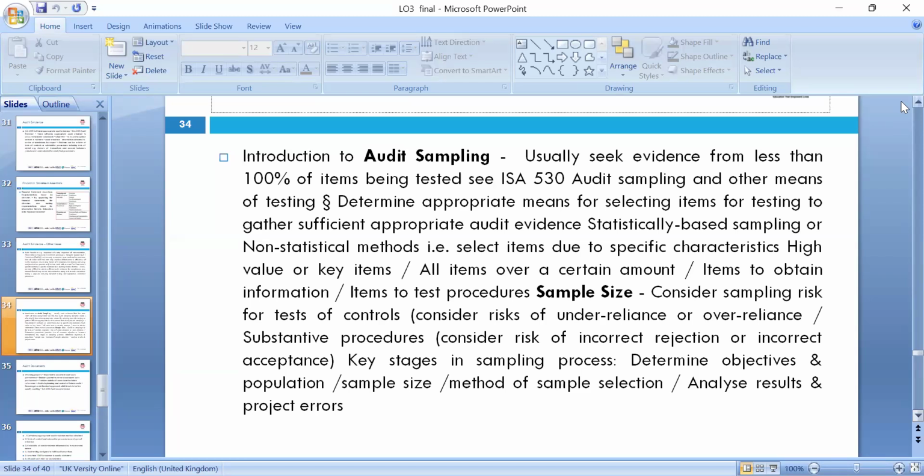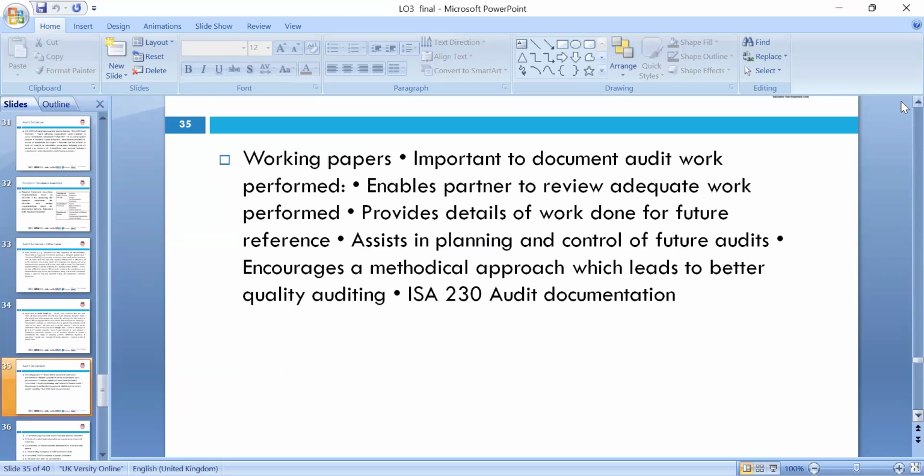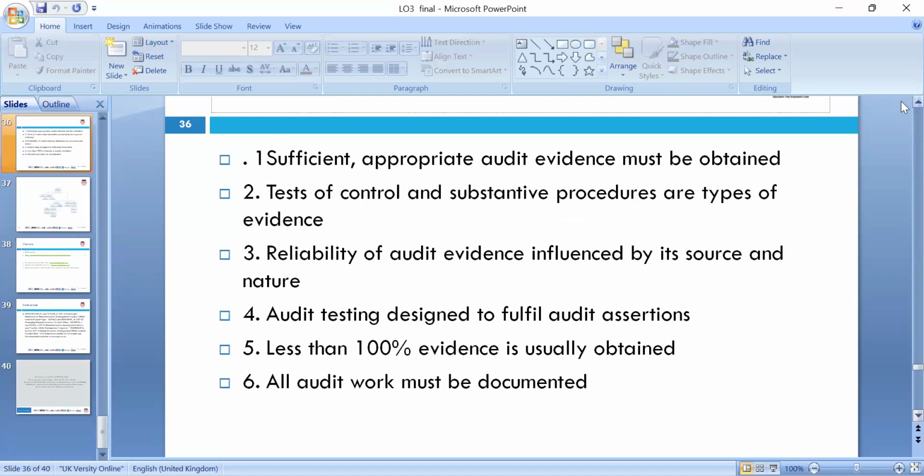The sample size needs to be reliable. Is it sufficient? And is it acceptable? So you have to draw the conclusion and the result, and we have to look around the errors, whether it is at an acceptable level. The working paper is important: the auditor's work performed, enhancing the partner's review, adequate work performed, providing detailed work evidence, assisting planning and control, the methodological approach in ISA 230 on audit documentation.